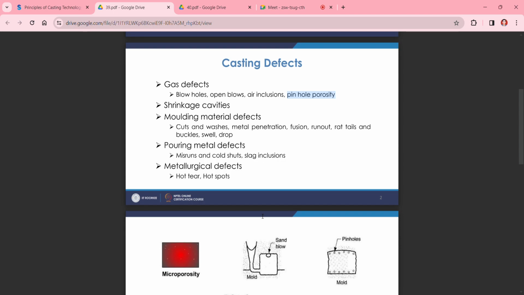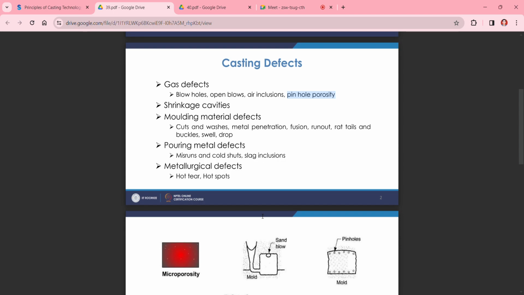Then coming to shrinkage cavities, these types of cavities come during the solidification shrinkage process. When we talk about casting solidification, we talk about two different things. First is liquid shrinkage. That liquid shrinkage can be avoided with the help of risers, because in the riser we have provided extra molten metal, which is going to fill the liquid shrinkage cavity.